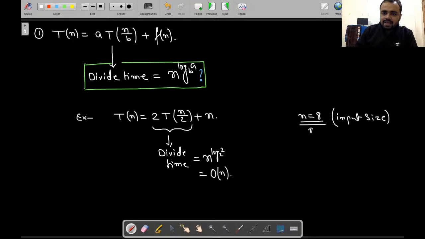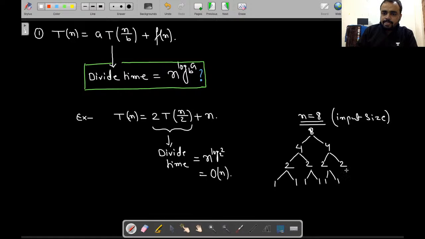See what will happen here. If we supply 8, then every time it will be divided into two equal parts, 4 and 4. Whatever value you pass in this function, it will be divided into two equal parts. Again it will be divided into 2 and 2, and again into 1, 1, 1, 1.